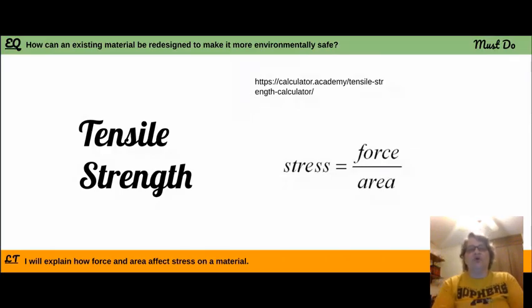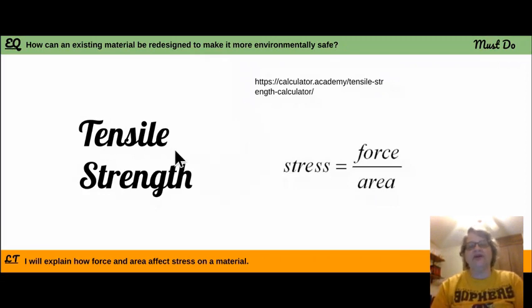Okay, so we have looked at the tension force and how to get that, and then we've talked about the cross-sectional area. This time we're going to talk about what we're going to do with those two numbers to find our tensile strength.